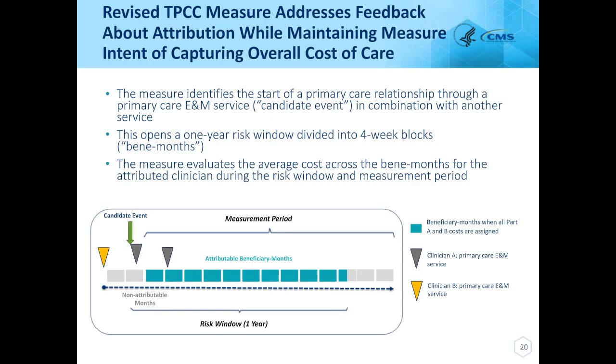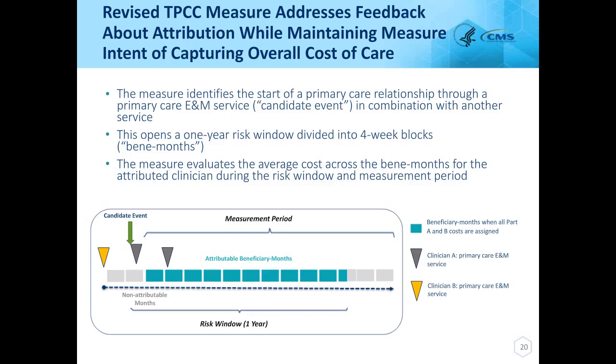The way the TPCC measure works is, in this case, the rule will initiate a relationship to indicate that Clinician A is managing the beneficiary, because you see 2 primary care E&Ms, a single primary care E&M plus a confirming event within a 90-day span.